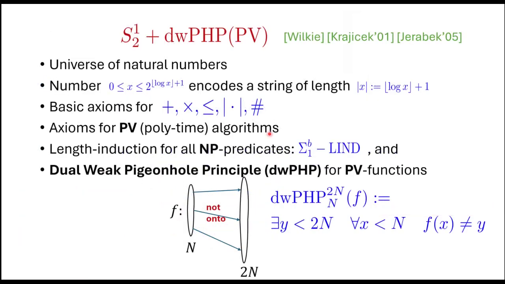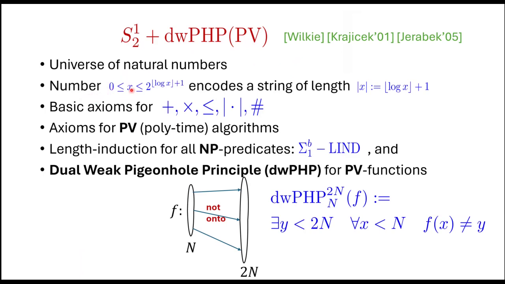Now, let's see a bit more notation and concepts from bounded arithmetic. So S12 plus the dual weak pigeonhole principle over polynomial time functions, PV. The universe is the natural numbers. It's a first order theory with intended universe, so the elements are supposed to be natural numbers.